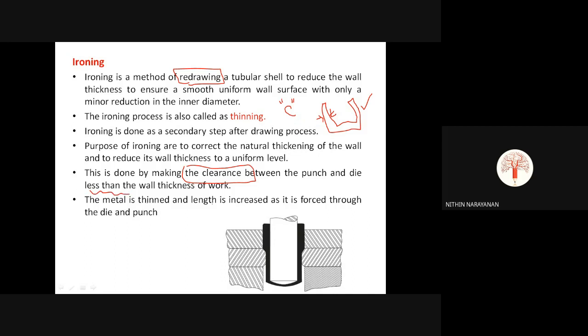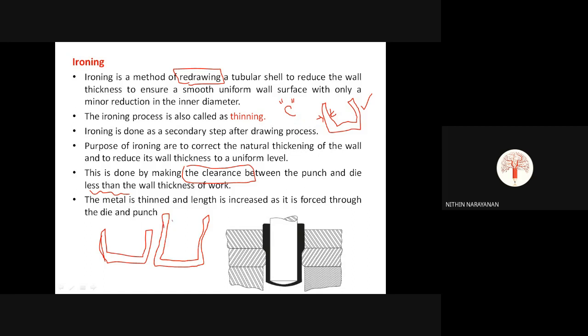The metal is thinned and the length is increased as it is forced through a die and punch. Initially it will be a cup shape after the drawing or deep drawing operation. We take it into a secondary process and again reduce the wall thickness. The inner diameter does not change, but the thickness is reduced and the length also increases like this.